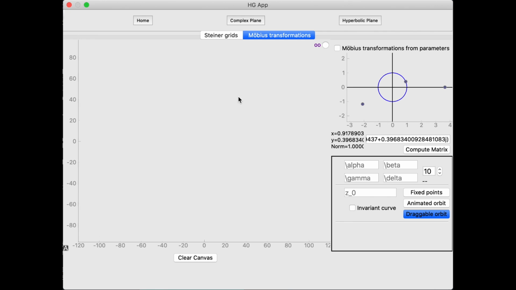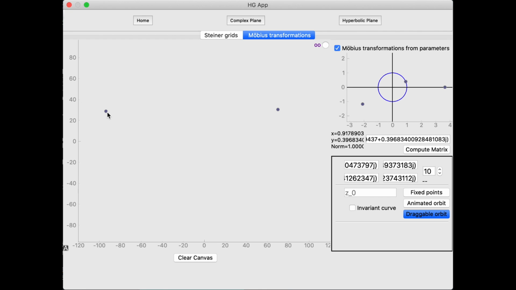So I think it should look like a rotation, right? Okay, so let's choose its 2 fixed points. Let's say this one and this one. What I just did was compute a matrix whose Möbius transformation has these 2 points as fixed points and has this one as multiplier.